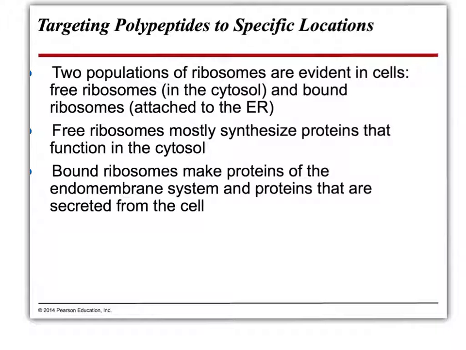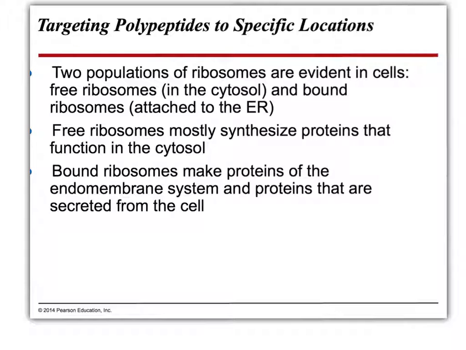Ribosomes exist in two areas: either attached to the endoplasmic reticulum, the rough ER, or free-floating in the cytoplasm. The endoplasmic reticulum is structured how? What is it part of in terms of the parts of the cell? The endomembrane system, which is also an extension of the plasma membrane.